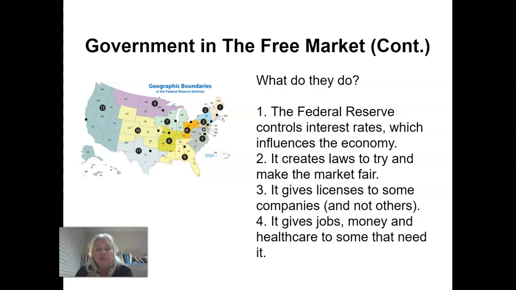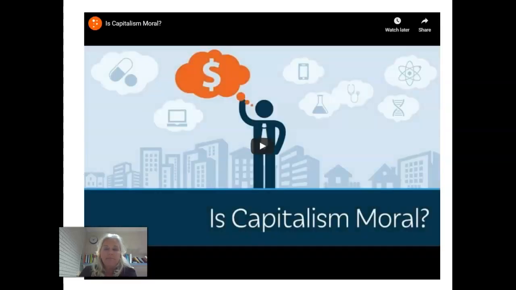And it gives jobs, money, and health care to some that need it. I personally, as a teacher, am basically employed by the government. My pay comes from the tax of both our community as well as the national tax base and state tax base.